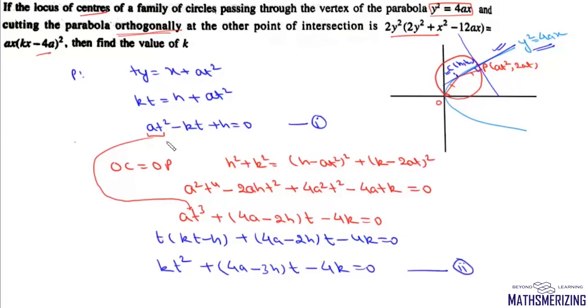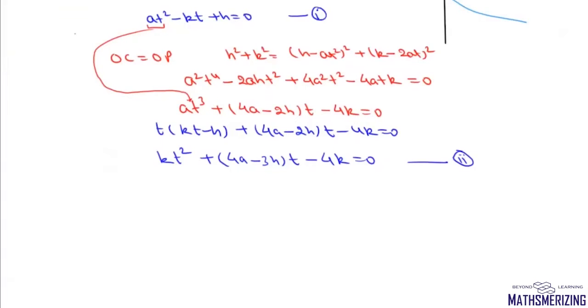Now we need to eliminate t from these two equations. Basically, we'll assume these two equations as linear equations in t square and t. So we can solve these linear equations.